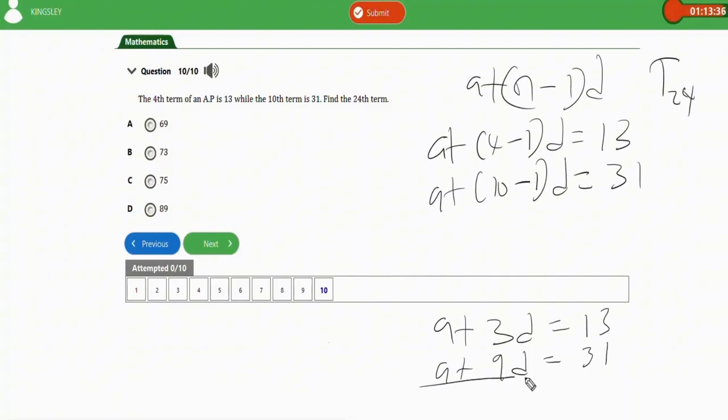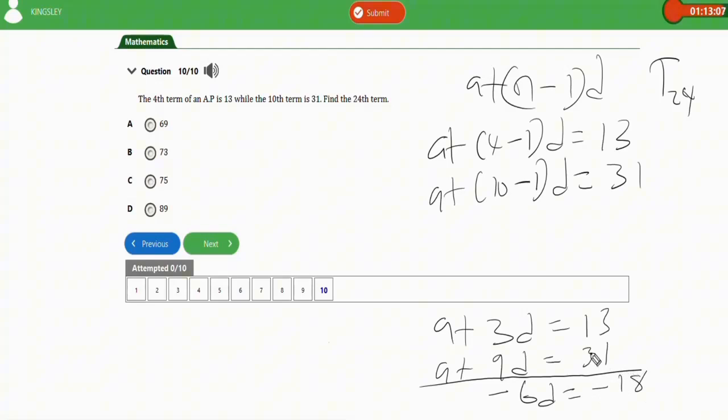So basically at this juncture, you use elimination method, for this is simultaneous equation. Use it to simplify this out. So elimination method, you subtract A minus A is 0. So this is 0. 3D minus 9D, we have minus 6D equals 13 minus 31. So basically this is going to give us minus 18.